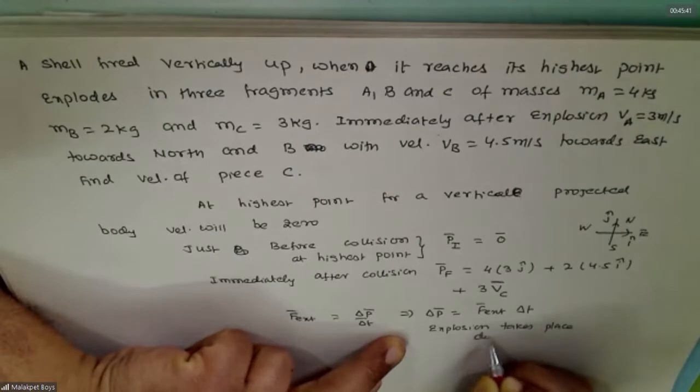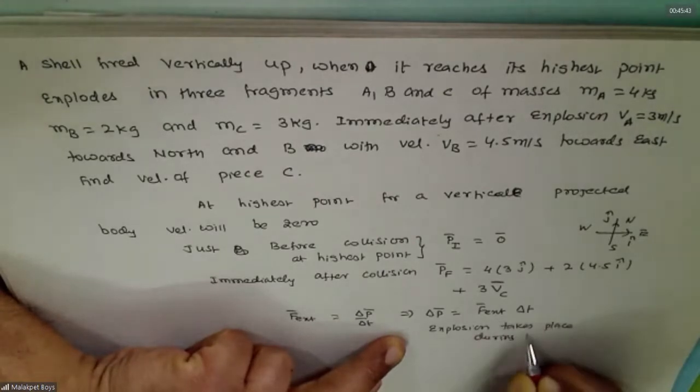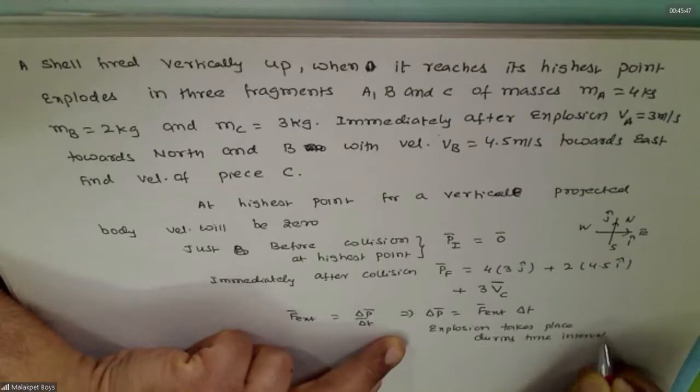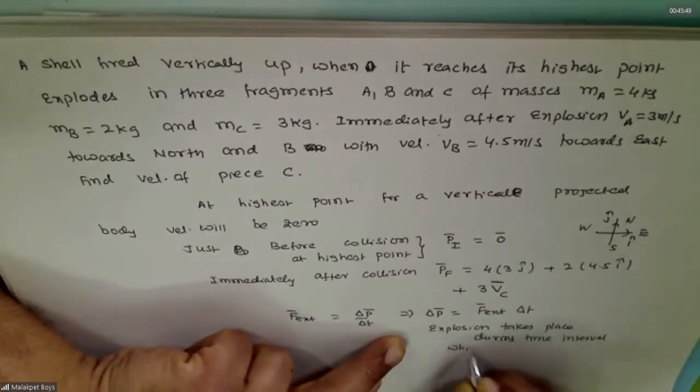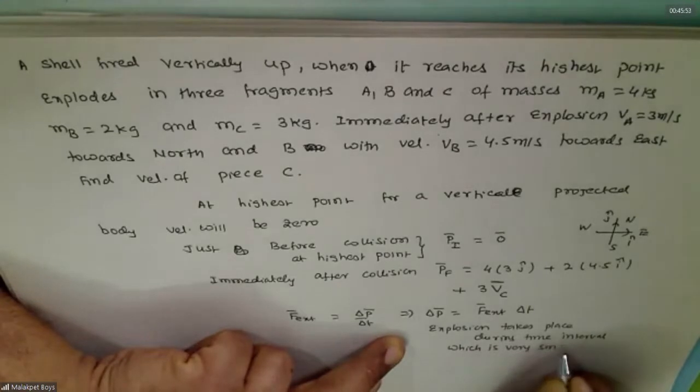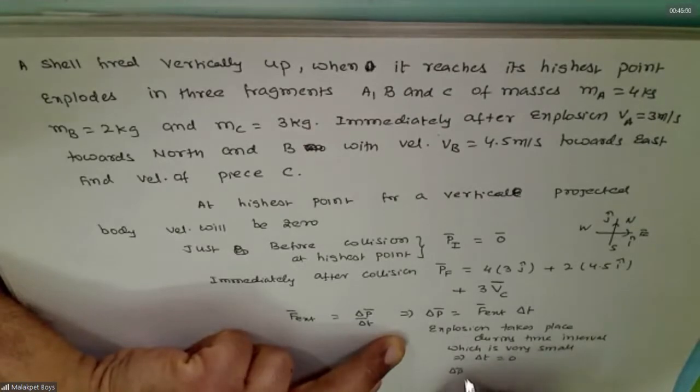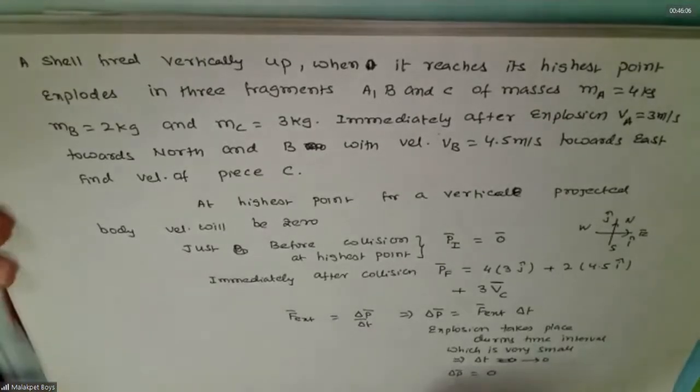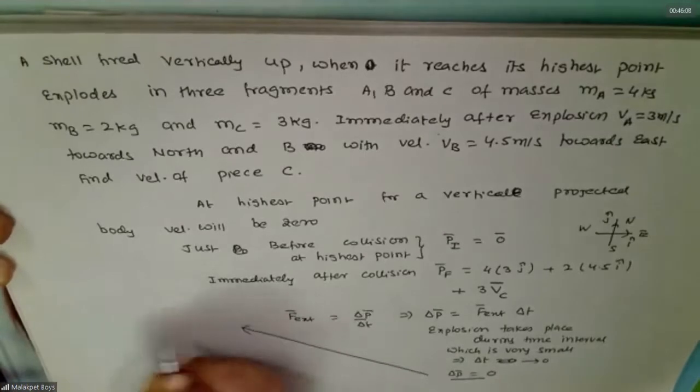So this way also you can interpret. Very small, so delta P over delta T is almost zero. So in this case, you can conserve momentum.